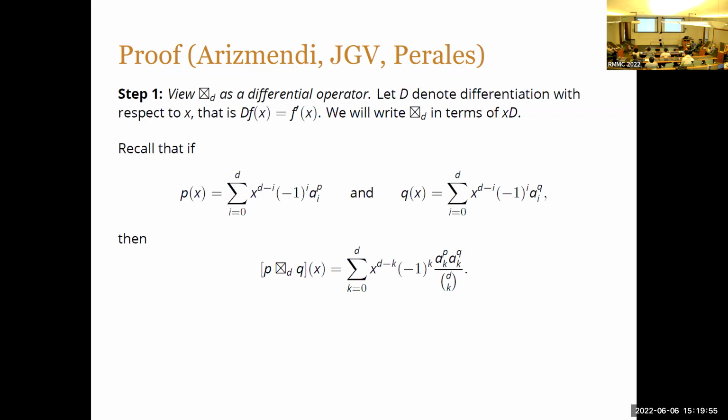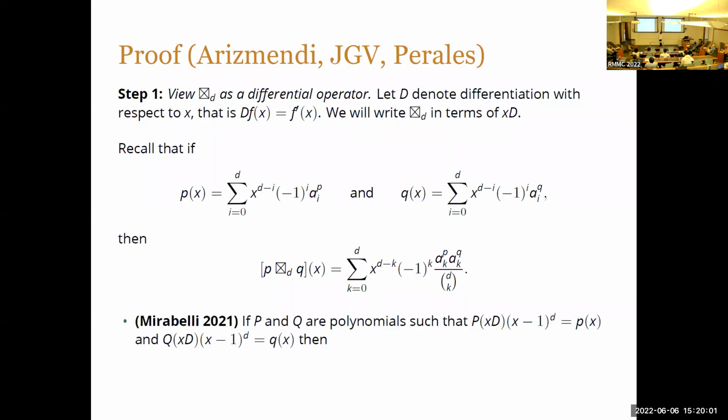To be precise, since we can write this convolution explicitly in terms of coefficients, it is not hard to see that if you have two polynomials P and Q and you want to convolve them, you can find some other polynomial big P such that when you apply it to the operator xD, and then apply that to (x minus 1)^d, you get P of x, and then find some other polynomial big Q such that when you apply it to the operator and then to the polynomial (x minus 1)^d, you get Q of x. Then the convolution can be written as composing these operators and then applying it to (x minus 1)^d. You had a question, Jim?